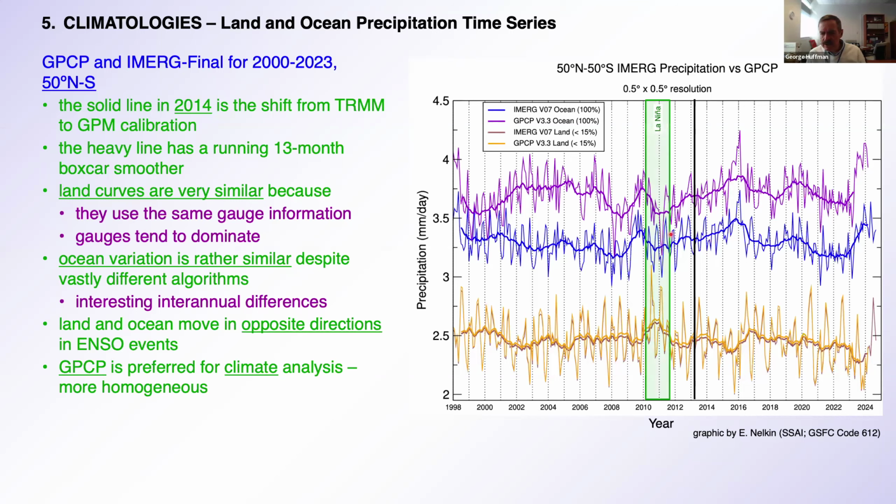One of the other things that I want to demonstrate is that land and ocean, so the bottom line is land, are essentially the same because the gauges dominate. Land and ocean tend to move in opposite directions during ENSO events. So in this La Nina, we have the ocean going down, land going up.